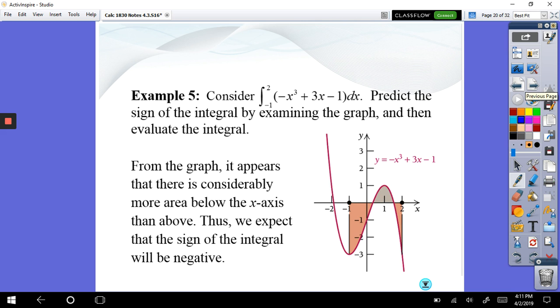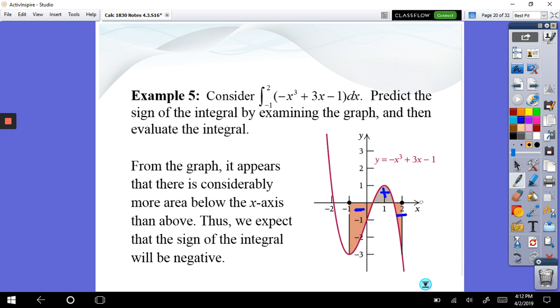All right, now we're almost done with this stuff for today, and I think this is the last example for today. Predict the sign of the integral by examining the graph, then evaluate the integral. Well, total area is always positive, so technically we'd have to make these positive and add them up. But for the function, this value ends up being negative down here, this value ends up being negative below the graph, and this value ends up being positive.